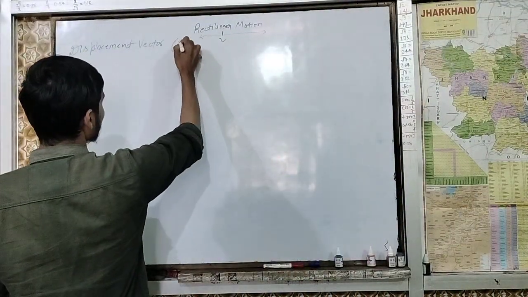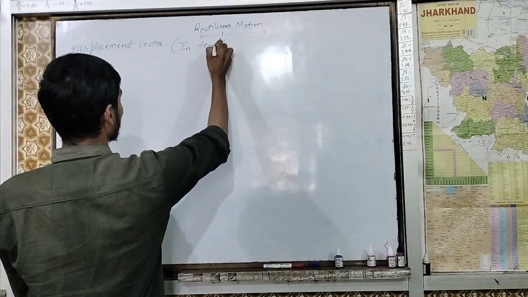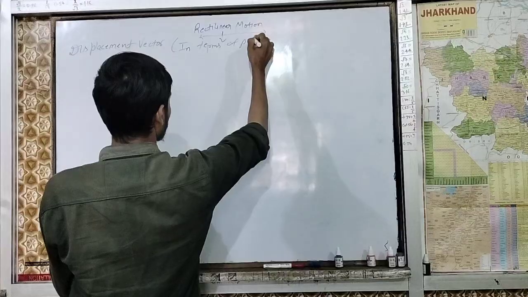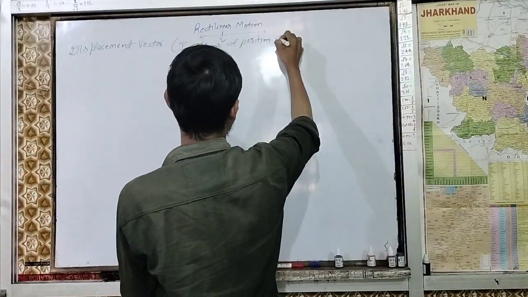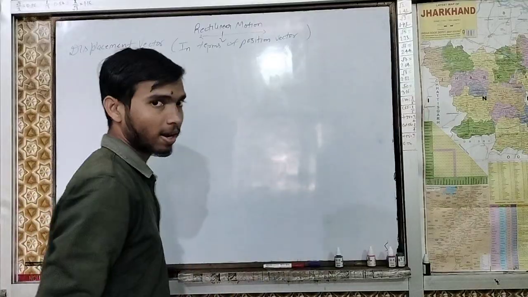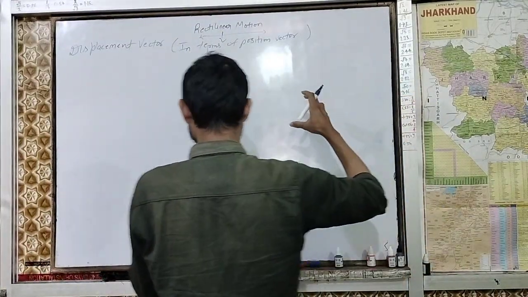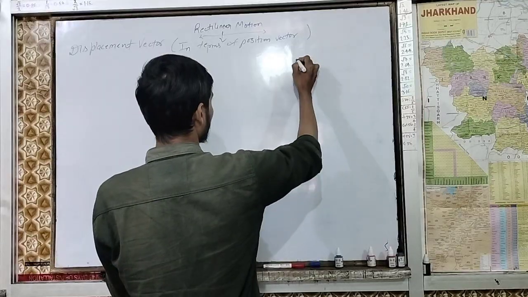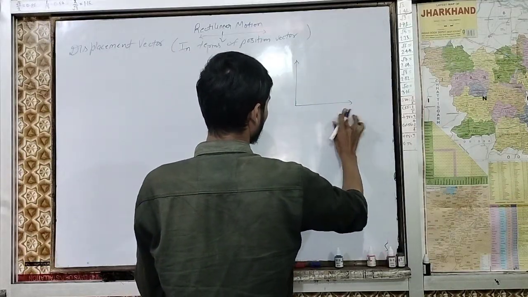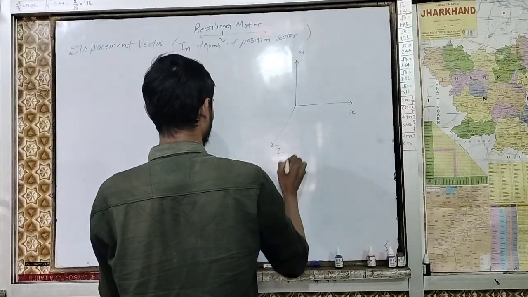So in terms of position vector. To visualize it, we draw a Cartesian plane. This is our y and this is x. This is x and this is y and this is our z.